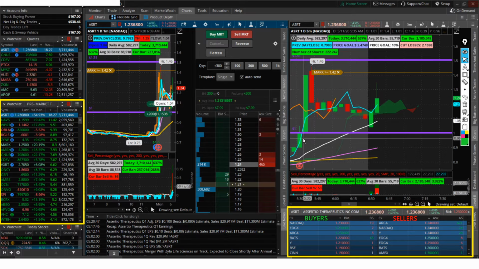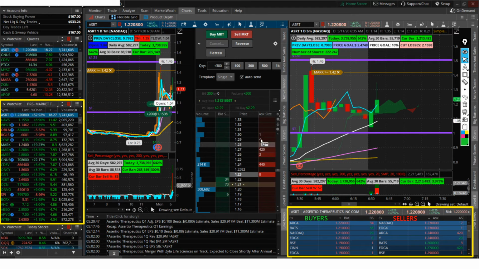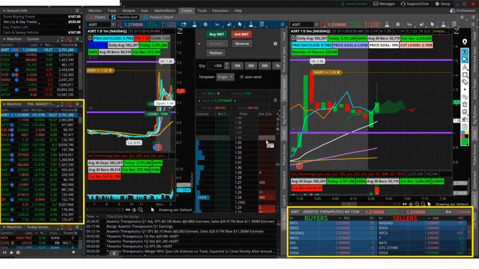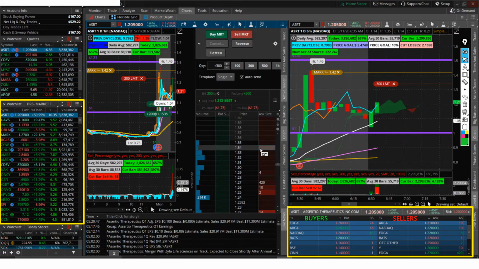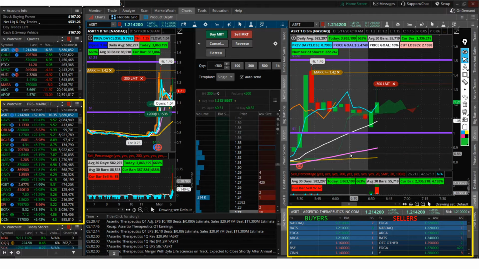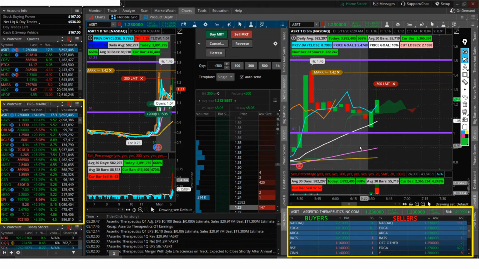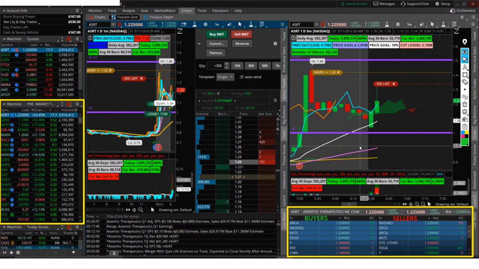Now I'm close to losing some money, so I need to sell all of my shares right here. So now I'm negative. So I need to sell all my shares at $1.34, which I should have sold right when it was at $1.34.